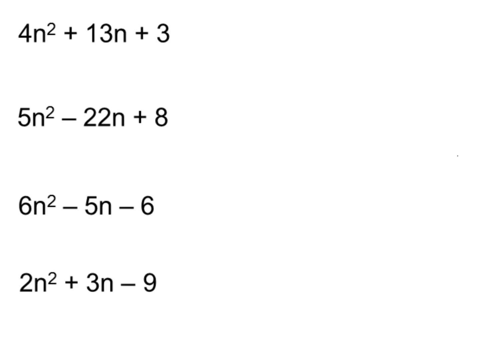In this video we are going to look at factorising non-unitary trinomials. So we've seen this before and some of you will have attempted it. This is when we're factorising ones where we don't have a single square term. So here we've got 4n squared, 5n squared, 6n squared and 2n squared.